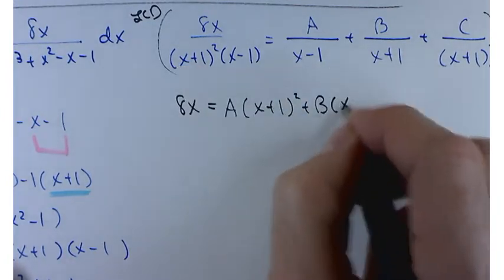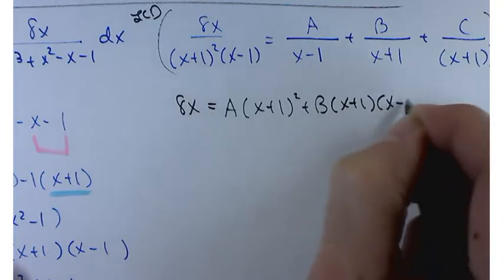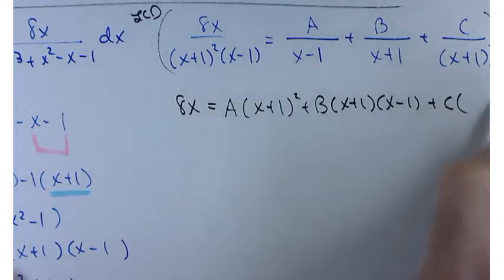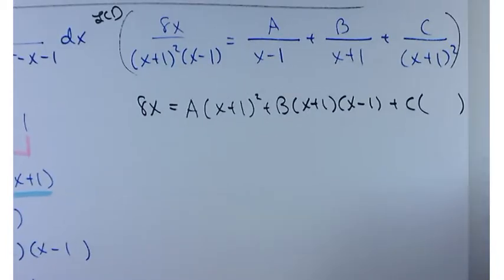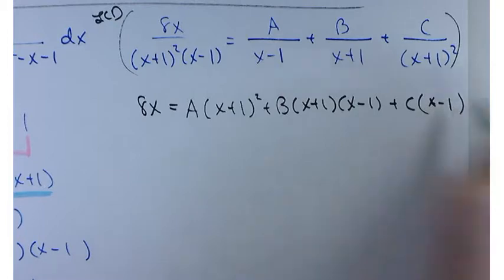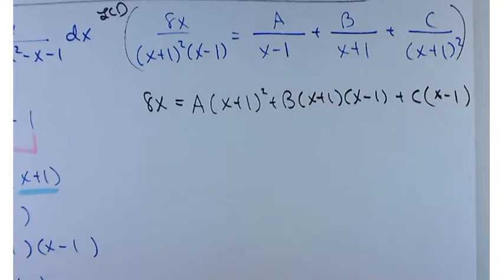So it's going to be x plus 1 times x minus 1 plus C times what? X minus 1. Now here we have to be a little bit more careful. If you're clever, we can avoid having to set up a huge system of equations. So let's see if we can't do that. Because I'd rather not solve this with a system of equations.